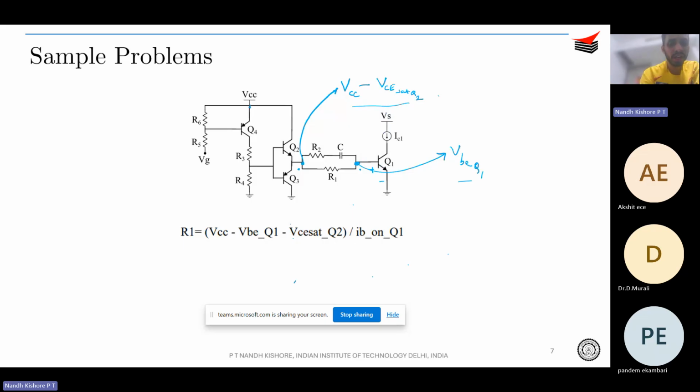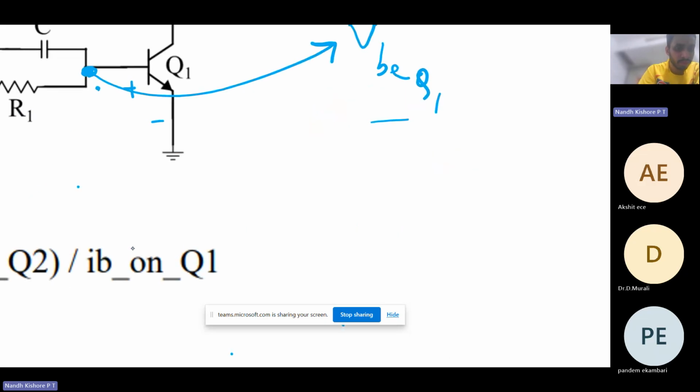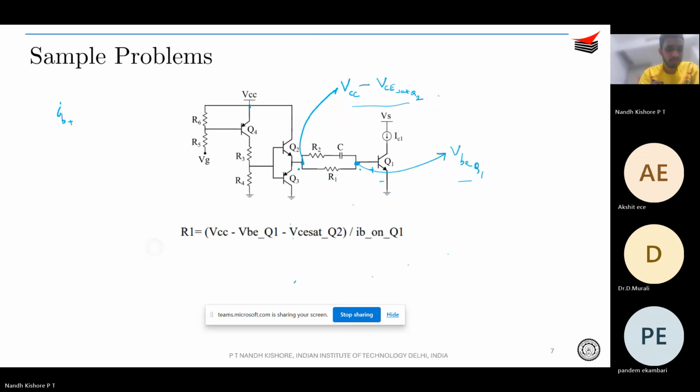So you would have learned that for driving the BJT, you have the IB plus, that is the surge current that you need. So let's say the base current was 0 initially, and then you wanted to turn Q1 on.